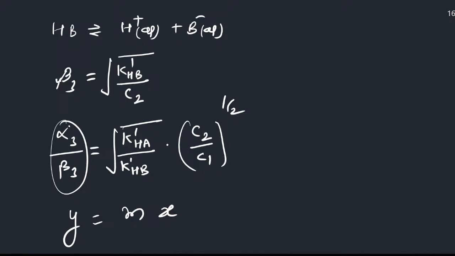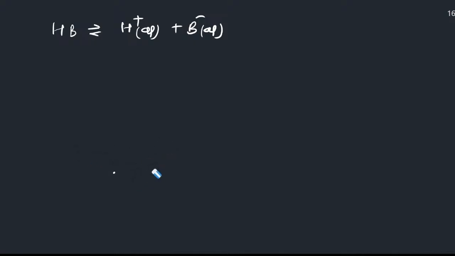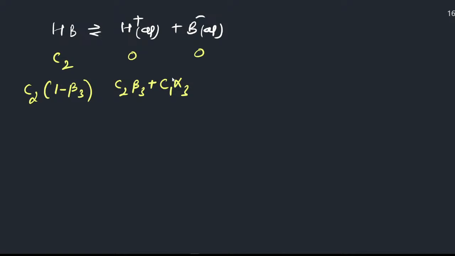In the second case, again it is C2, 0, 0, and C2 (1 minus beta 3). So it is C2 beta 3 from HB, but more H plus ions are there from HA.